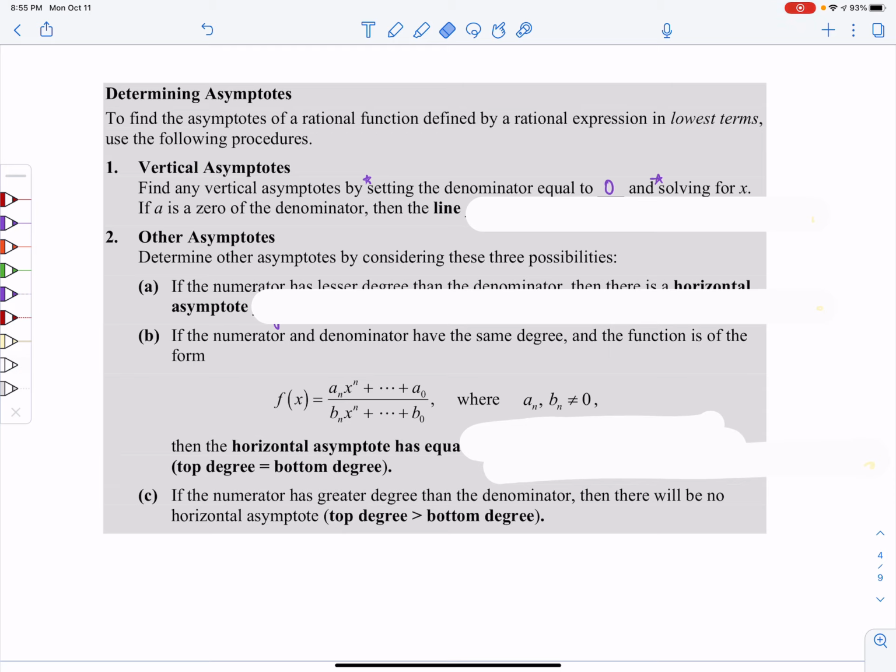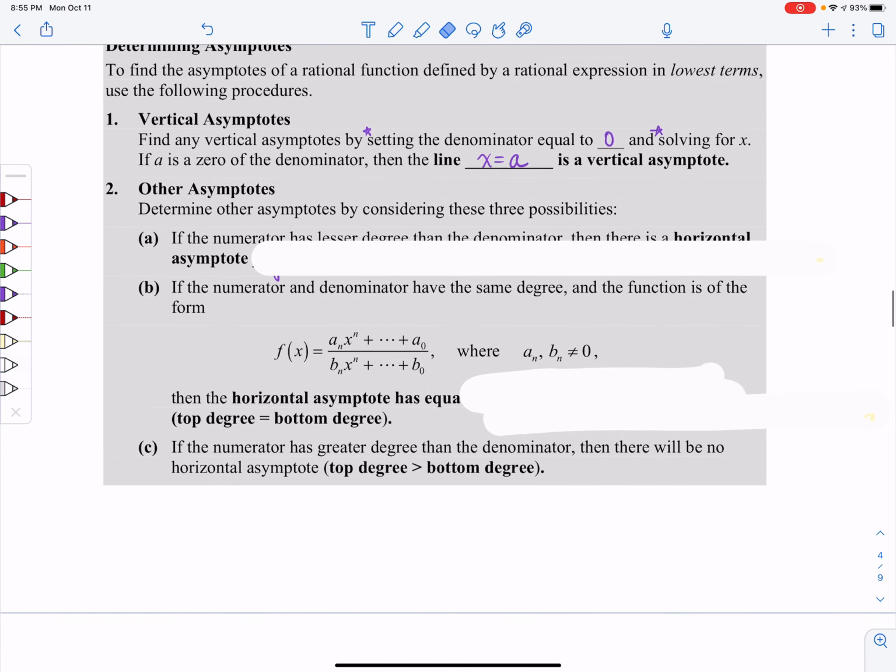Solve for x. Whatever makes the denominator 0 is going to be my vertical asymptote. So if A is what makes my denominator 0, then x equals A is my vertical asymptote.